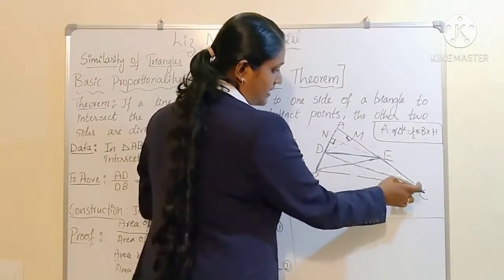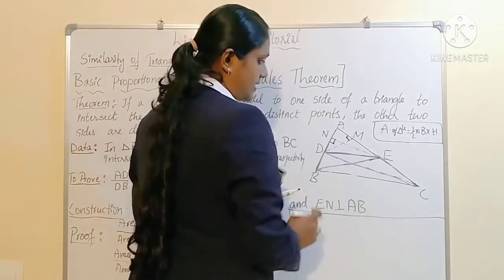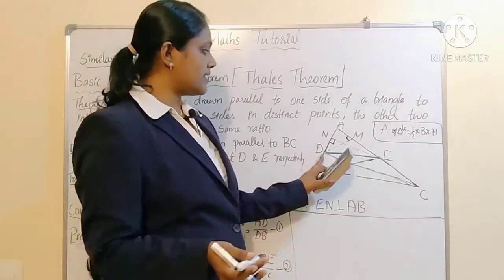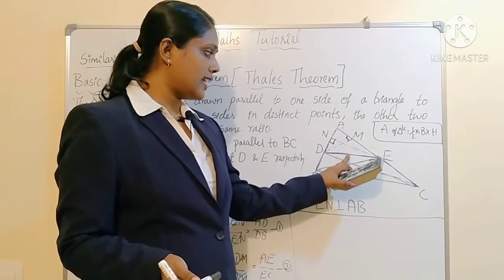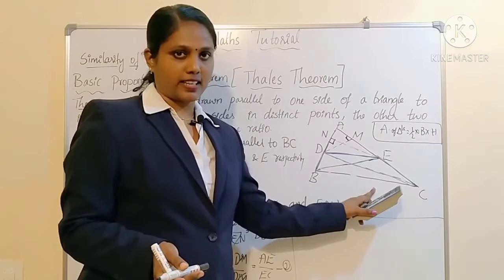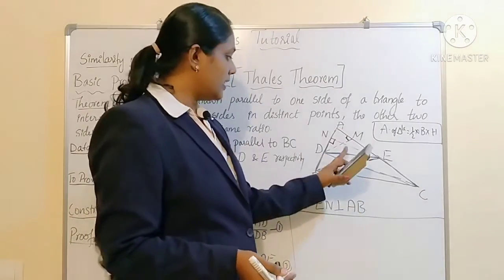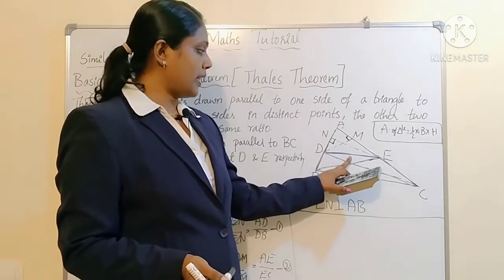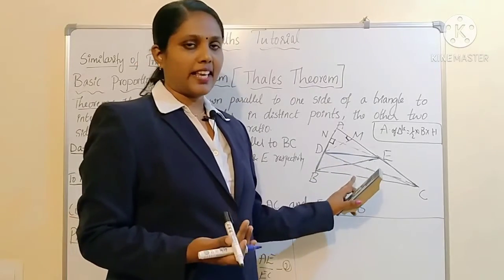If you consider DE as the base, you know that this DE is parallel to BC. The base DE of these two triangles is parallel to BC, so we can say that these two are equal. If the base of the two triangles is the same, then we can say that the two triangles are equal.